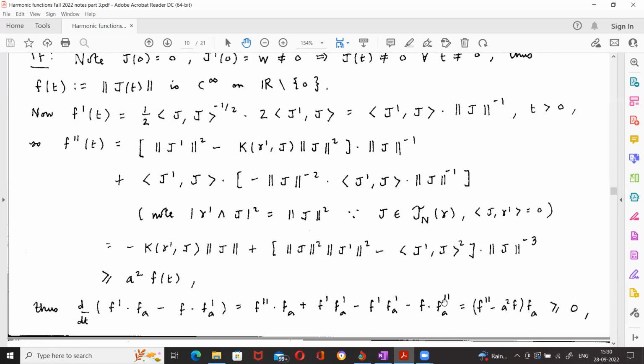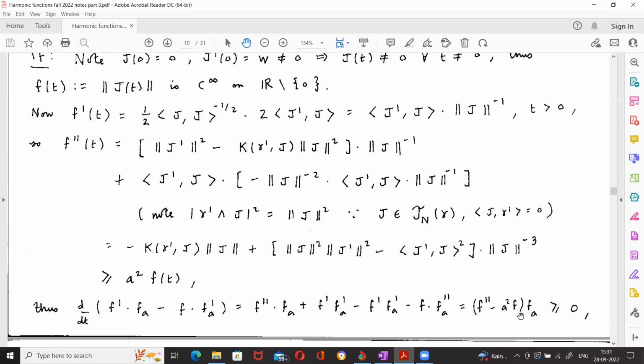Now fa double dashed is equal to a squared fa. So that will give me f double dashed minus a squared f, times fa, right? And these two terms, f dashed fa dashed minus f dashed fa dashed, will cancel. So finally, what will I get? F double dash minus a squared f, times fa.